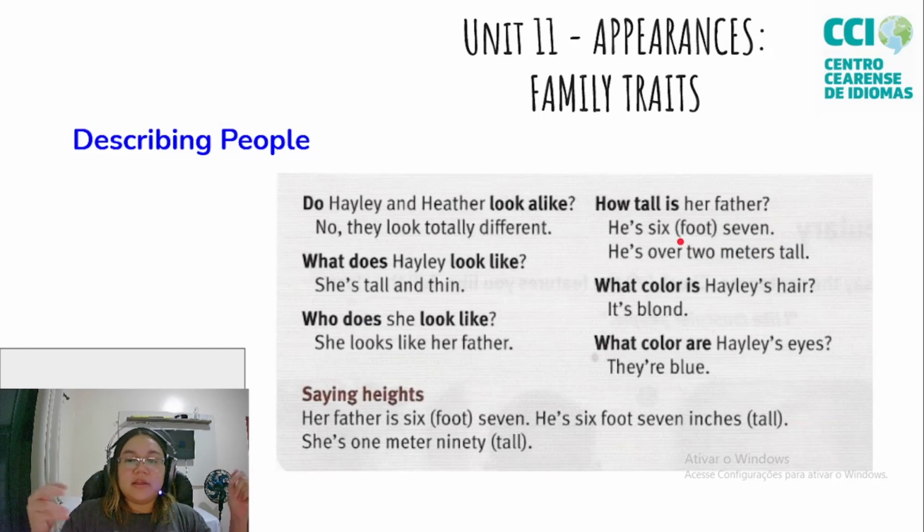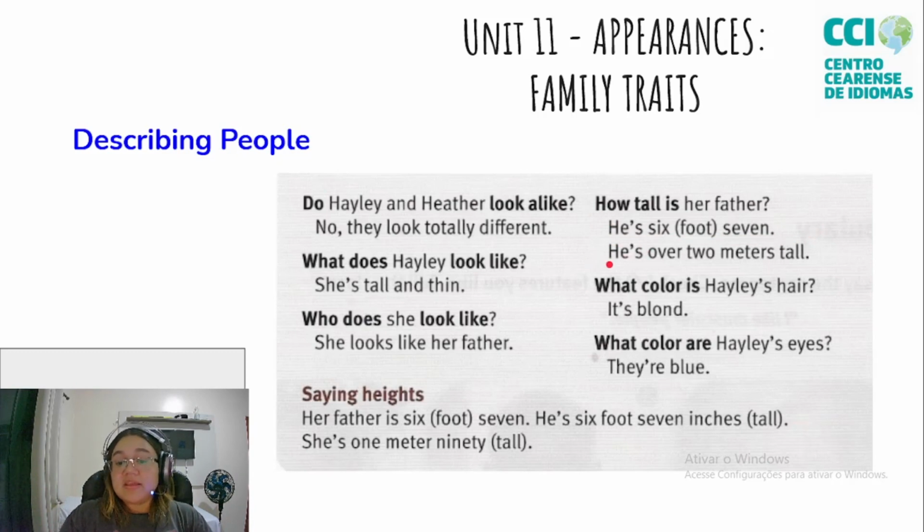In America, I mean, in the United States, they don't say meters, just like we do here. They say foot, right? But they don't usually say the unit. Someone, a native speaker, would just say he is 6'7", right? They will understand the same.